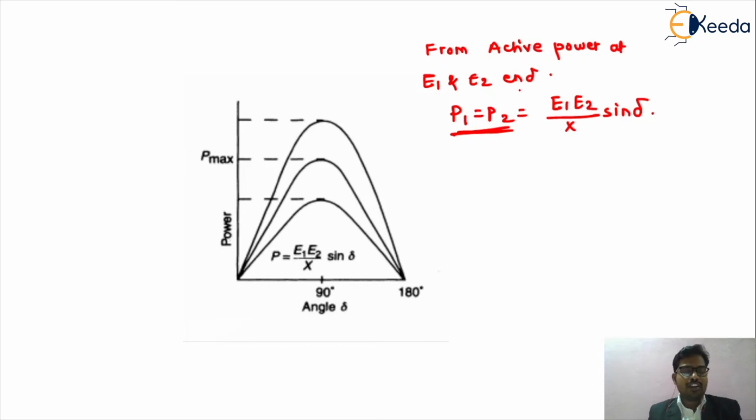As shown in the figure, this is the half sine wave curve of the active power, increasing to a peak at 90 degrees, then falling with the increase in angle, and finally reaching zero at 180 degrees. This will be the power angle curve: this is the power, this is the angle. We call it the power angle curve.